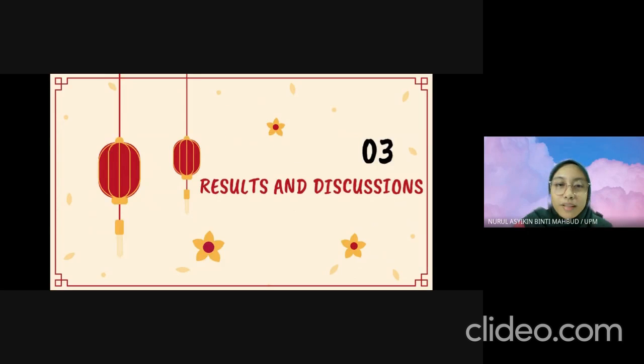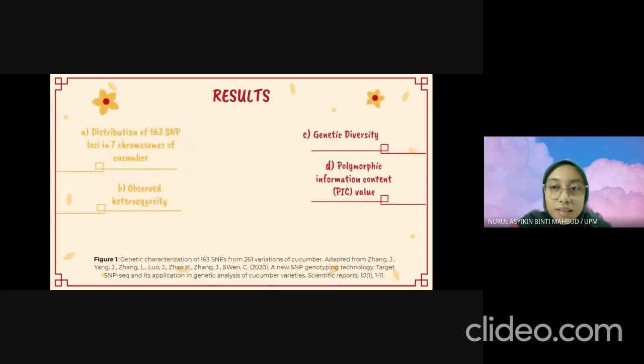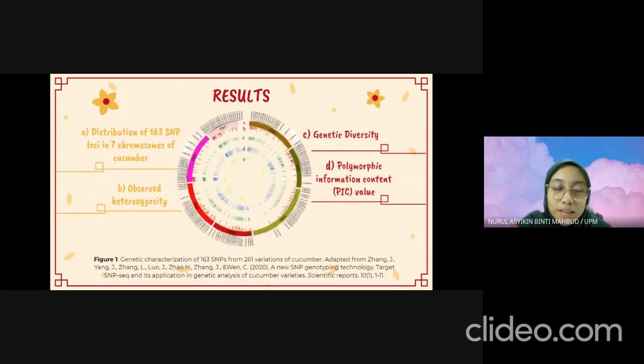Thank you, Pira. So for results, as you can see, the figure illustrates genetic characterization of 163 SNPs from 261 varieties of cucumber. The observed heterozygosity, as presented by Pirasana, of 261 varieties ranged from 0 to 0.64, while this value in 154 SNPs varied from 0 to 0.44 with an average of 0.17.